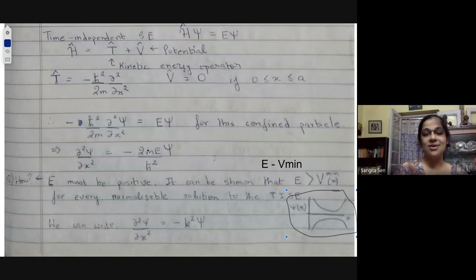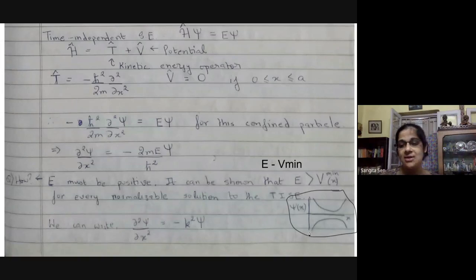That is of course wrong. So if E is by chance less than V minimum, then this quantity is negative, so this whole quantity is positive. Then the second derivative and psi have the same sign, and the two possibilities are psi positive, second derivative positive, this one, psi negative, second derivative negative, this one.